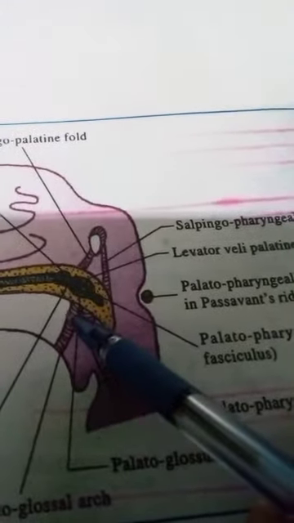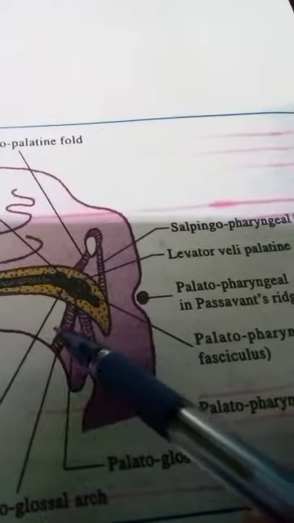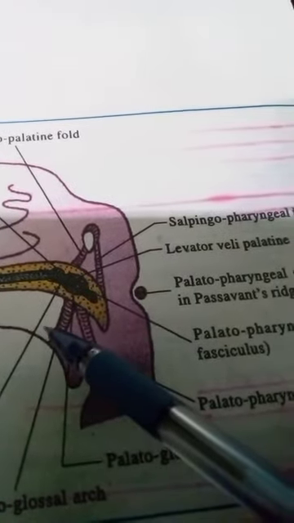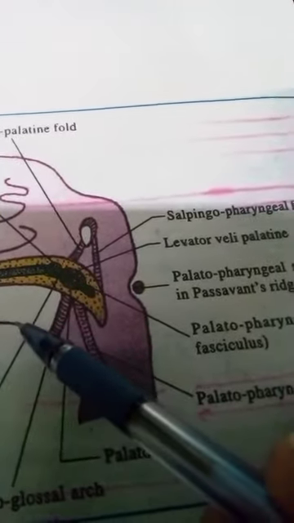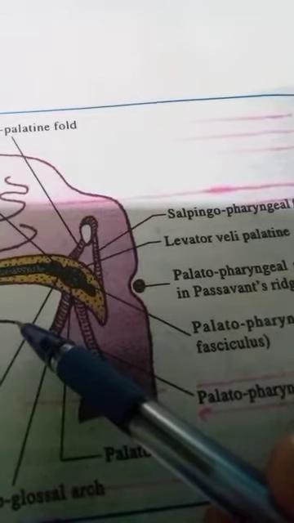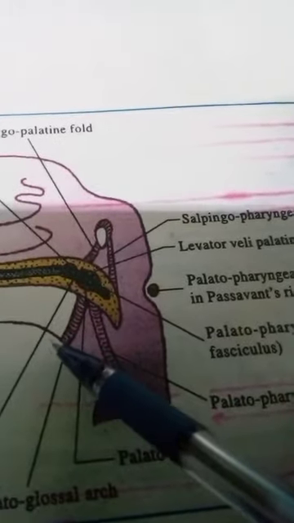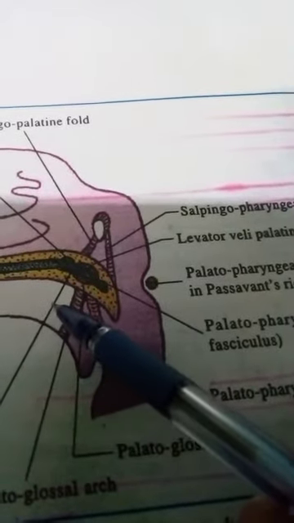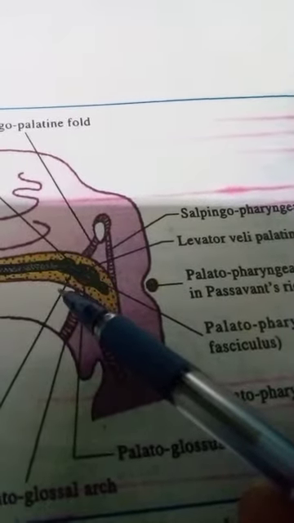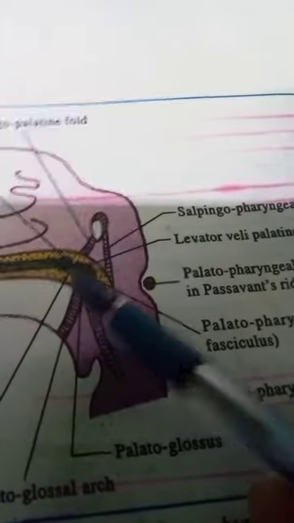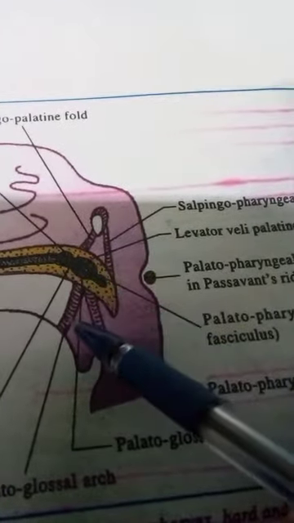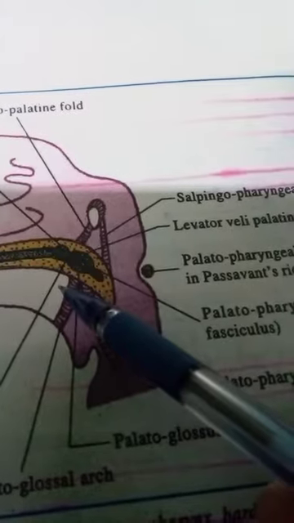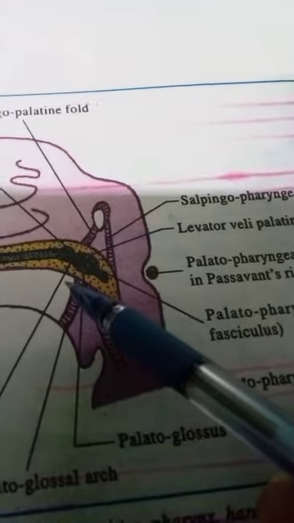So this fold is the palatoglossal fold, which passes downwards and forwards to be attached to the side of the tongue at the lateral end of the sulcus terminalis. It contains a muscle. The name of the muscle is palatoglossus, and forms the anterior boundary of the tonsillar fossa or sinus.